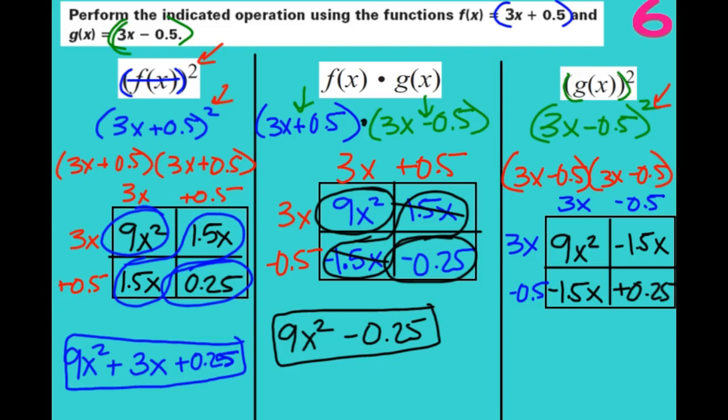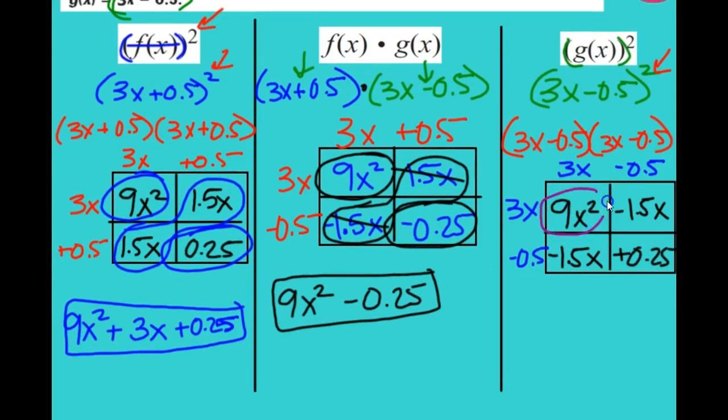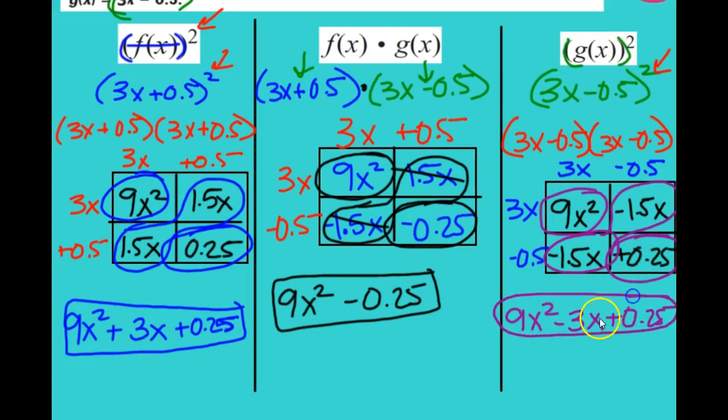And then we simply need to write out our answer. I have 9x squared. A negative 1.5 combined with another negative 1.5 makes a total of negative 3x. And then plus 0.25, or 1/4.